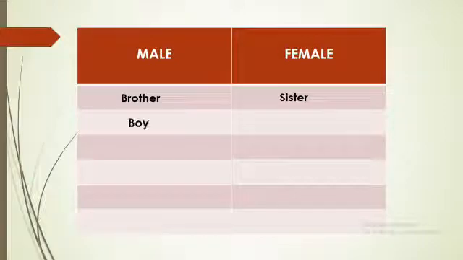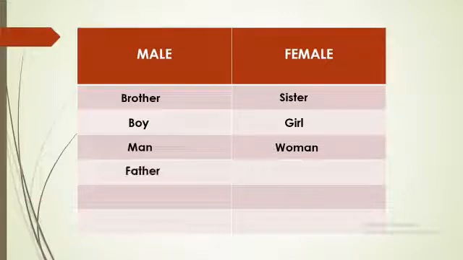Sister. Boy. Boy का female girl. क्या female है boy का? Girl. Man. Man is a male and the female is woman. Yes. Next male is father.